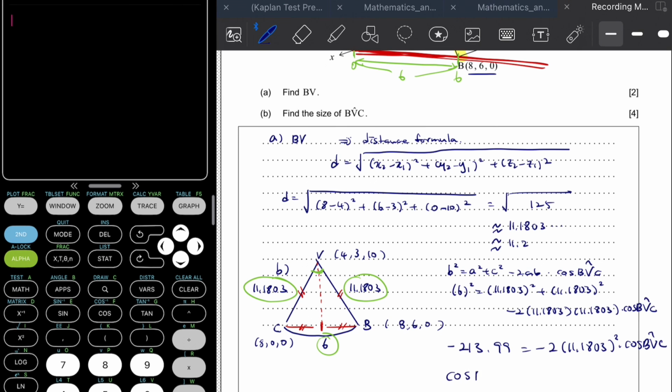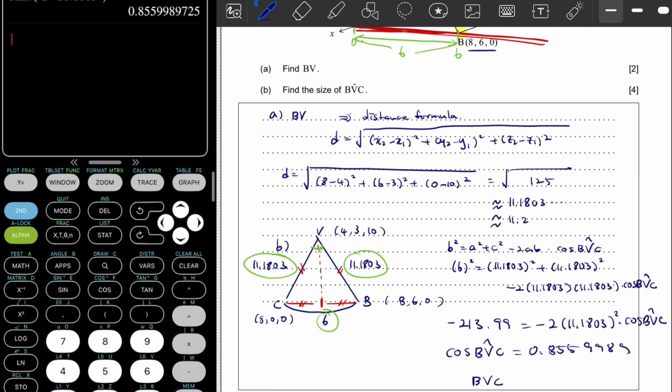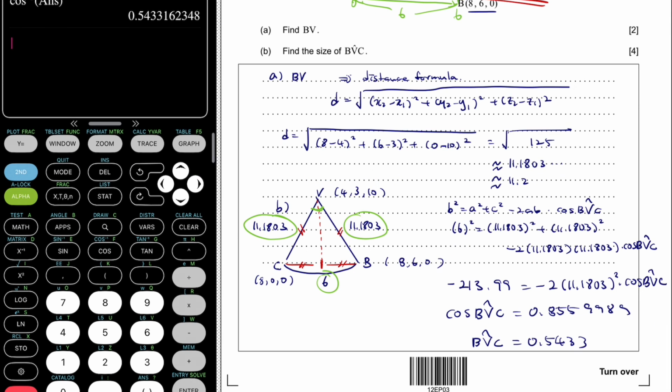Then cosine BVC is the same as negative 213.99 divided by, let's use the bracket, minus 2 times 11.1803 squared. Then we get 0.8559989. Then we can say angle BVC is the same as 0.5433. However, since we need to leave our answers in specific, your answer is going to be 0.543.